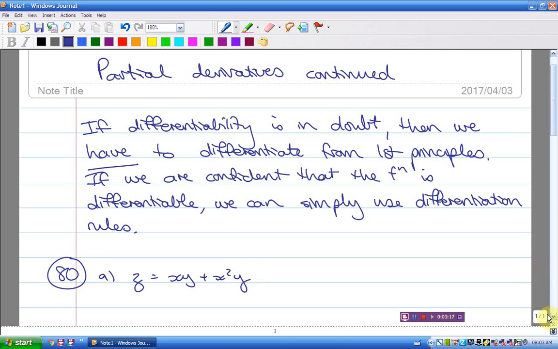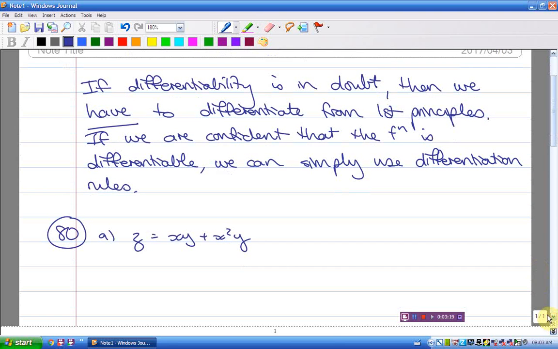Could you please keep quiet? Now I promised somebody on Friday, I think, that I would do one of these by first principles, and I'm not finding the person. But I haven't done that. So I know that I owe one of you some work.